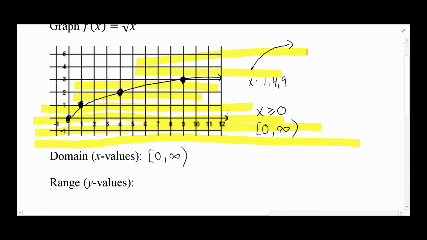And even though on my graph visually I'm not getting values up high, the graph is still increasing. So I am eventually going to hit a value, it's going to be really far to the right. The very first y value that I had was 0, and I kept on going up. So I went up to infinity. That's the range on the square root.